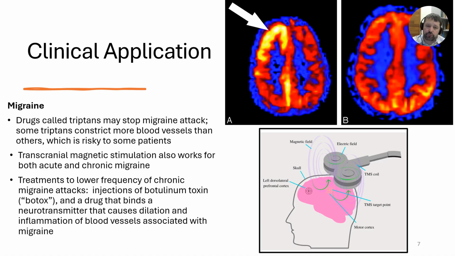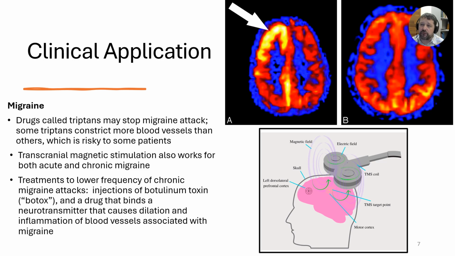And then, of course, we already talked about Botox, the toxin that's produced by the botulism bacteria. Remember, that tends to block acetylcholine from being released, so there is treatment to kind of lower that.